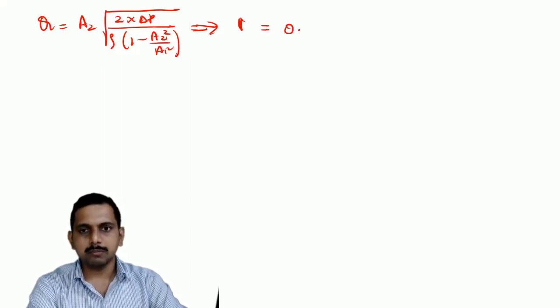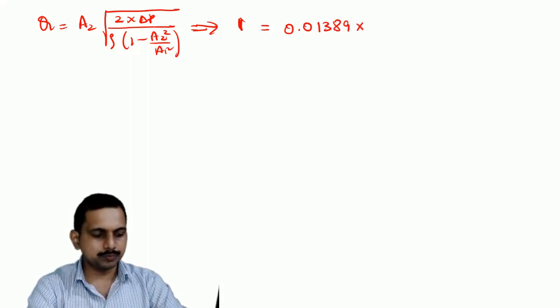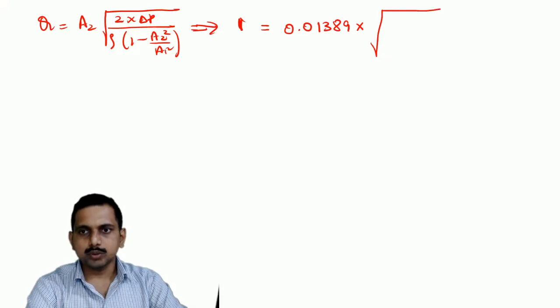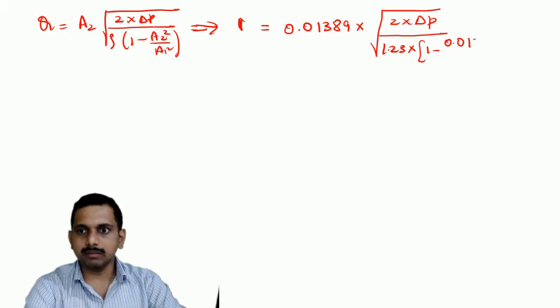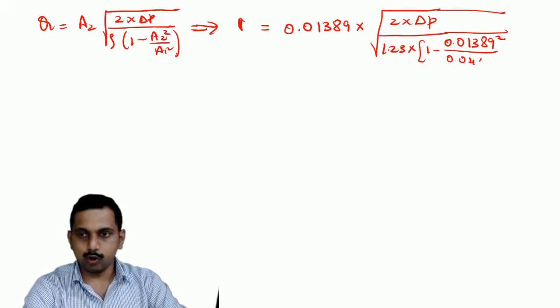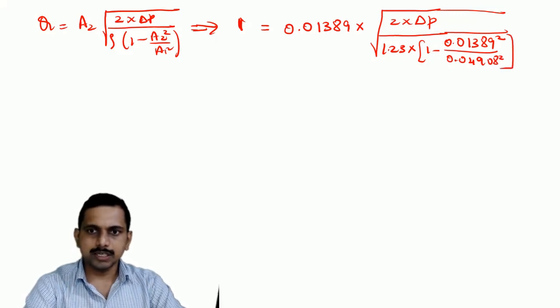A2 is given as 0.01389 into square root of 2 into delta P divided by density, which is 1.23, into 1 minus, I can take 0.01389 square divided by 0.04908 square. This would be the thing.